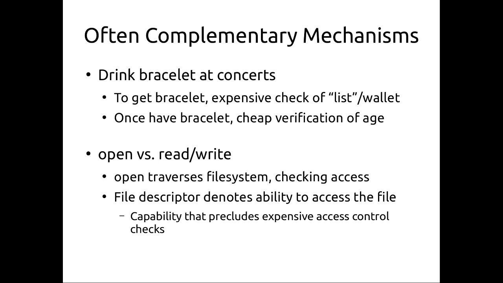So, why do they do this? They do this because they don't want the bartenders to have to spend all of their time checking people's age, right? That's a very expensive thing to do. You're going to need to hire more bartenders. So instead, they front load the cost of that verification to when you're entering the concert when time is less valuable.